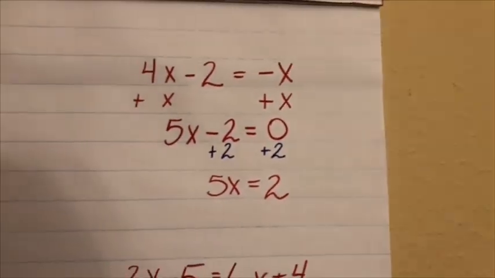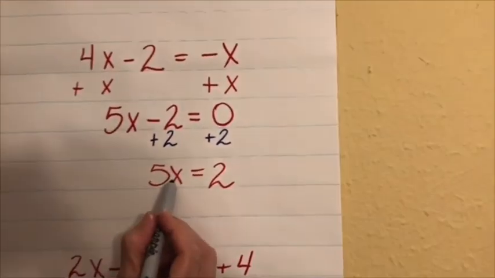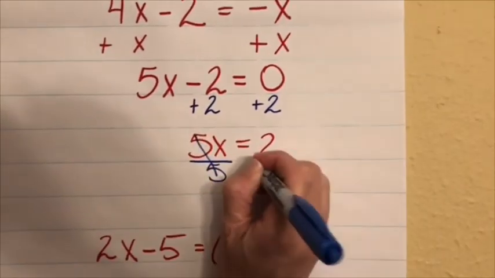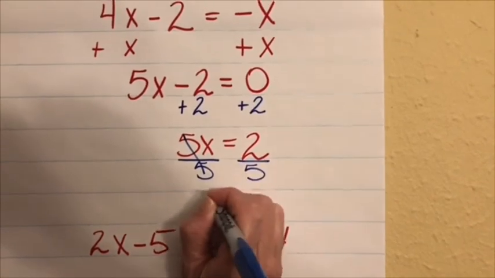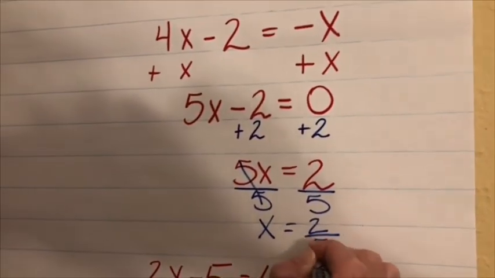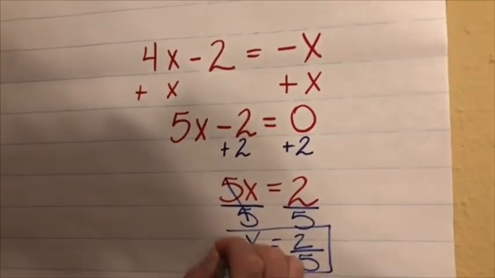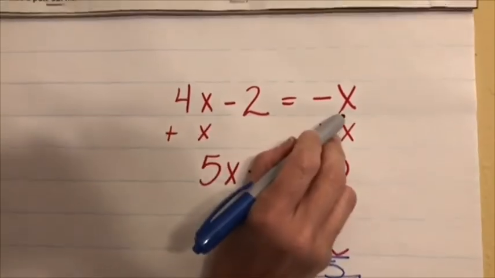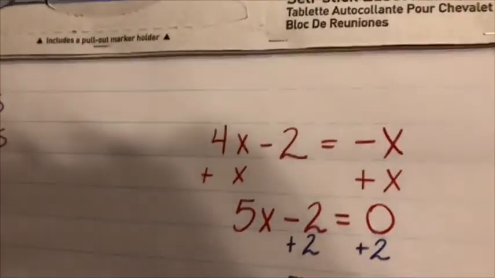Now we divide both sides by the coefficient of the x. So divide by 5, divide by 5, and we find that x equals 2 over 5. Once again, if we substituted the 2 over 5 for x, we would find that our equation works out.